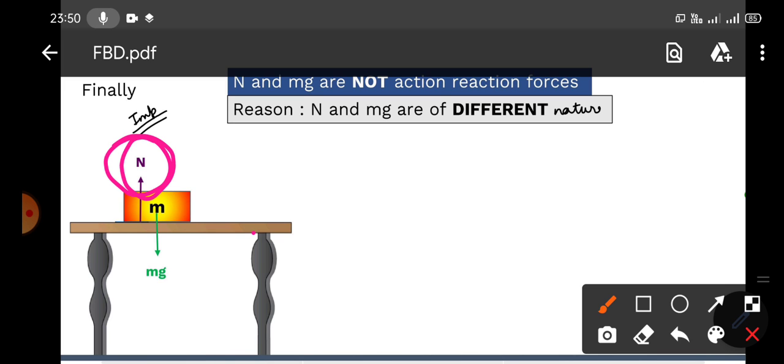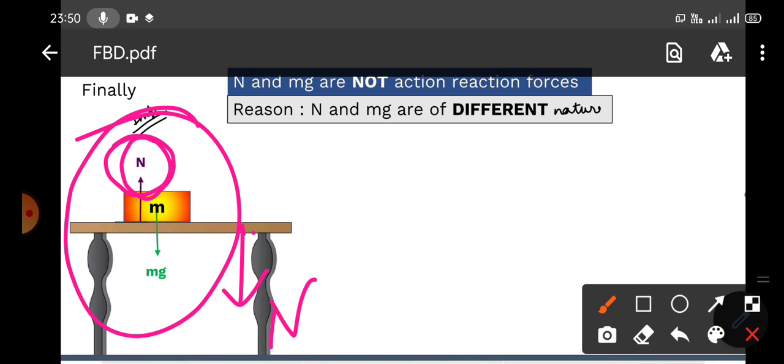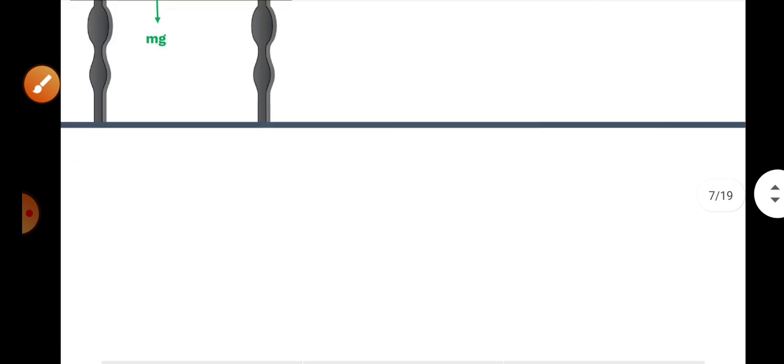There is another normal reaction applied by the block on the table, but that force is acting on the table, so we did not include it here. This N and mg are not action pairs.